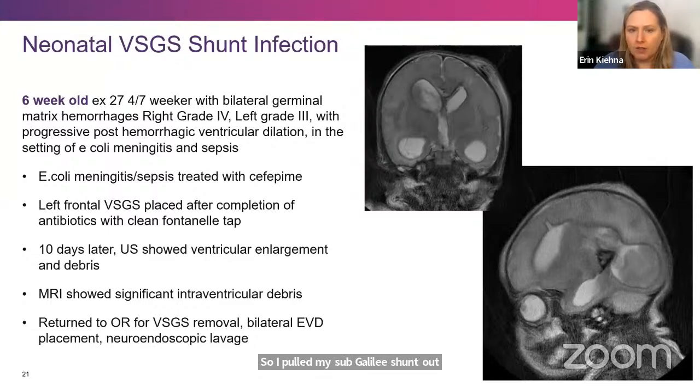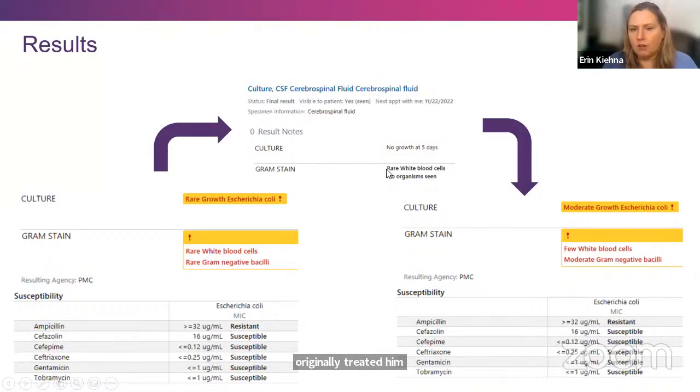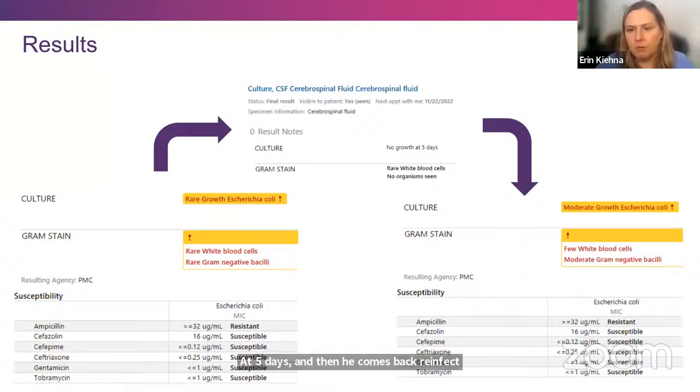And due to the fact that there was still a lot of blood products and everything, I actually put in 2 EVDs so I could attempt to wash through slightly. And so he had gram-negative bacilli originally, treated him through, CSF was sterile, rare white blood cells, no organisms, no growth at 5 days. And then he comes back reinfected, same organism, same susceptibility profile.